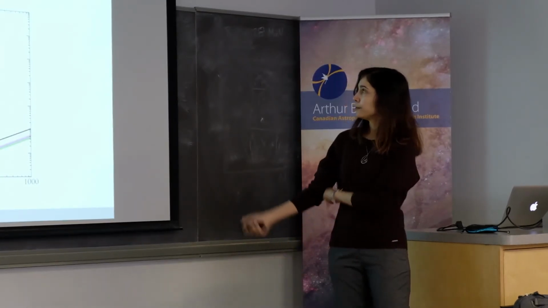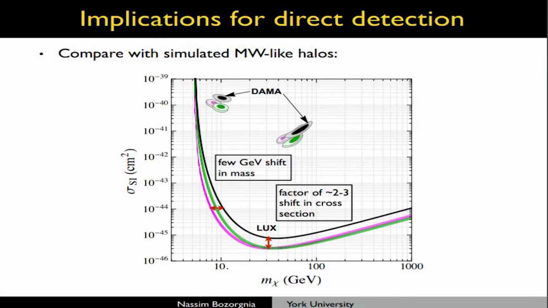With our halos, the simulated Milky Way-like halos, the same two halos that I showed you, we find a factor of 2 to 3 shift in cross-section, which is due to the change in the local dark matter density. And we have a few GeV shift in mass at low dark matter masses, and this is just due to the velocity distribution.